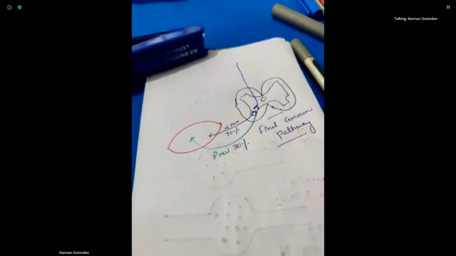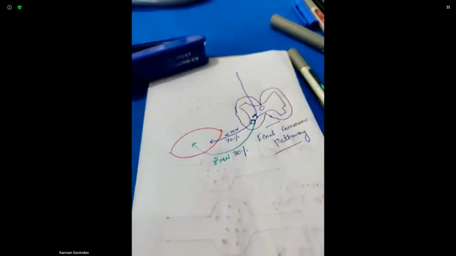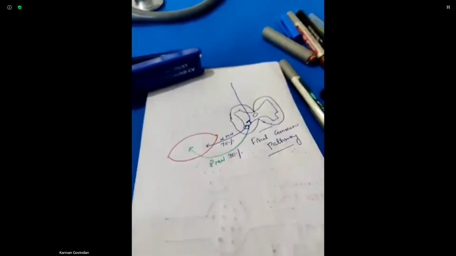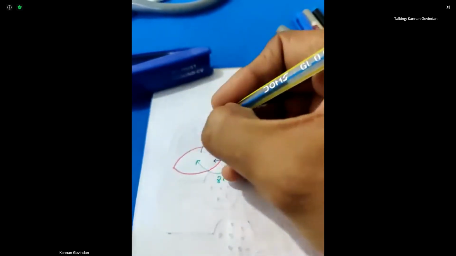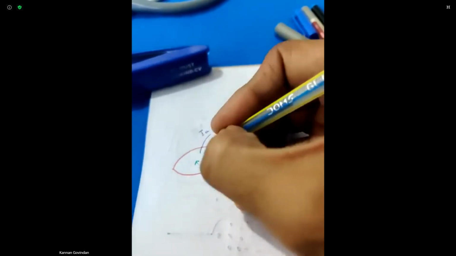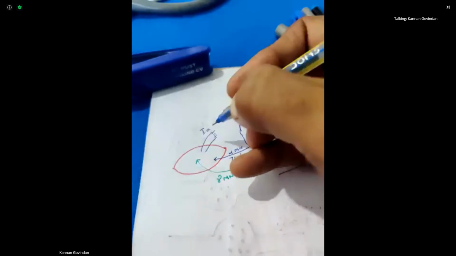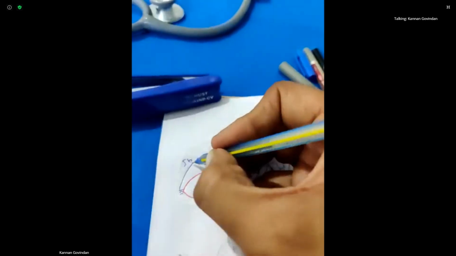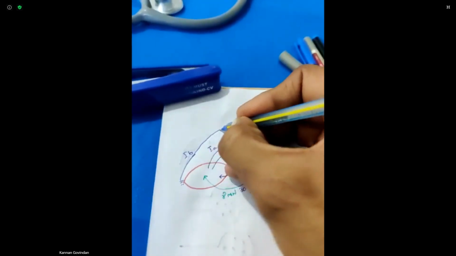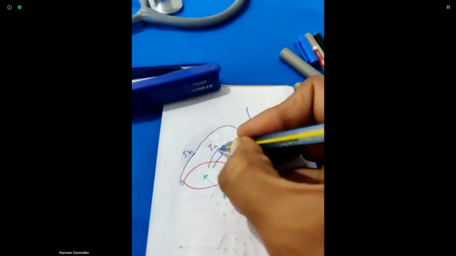Now, afferents go to the spinal cord via three types of nerve fibers. We have 1A afferent, type 2 afferent, and from the tendons, we have 1B afferent. These are the three types of afferents which end in the spinal cord.